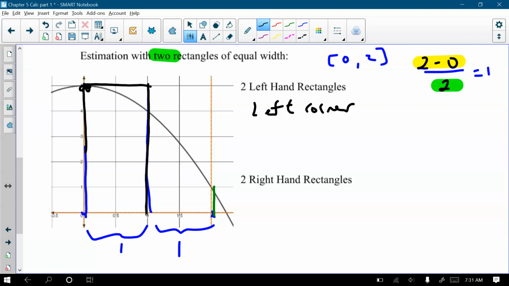The second rectangle is going to start right here, because the point always has to be on the curve. So draw that second one horizontally. Those are your two left-hand rectangles. And again, we classify left-hand rectangles by seeing that the left corner of the rectangle is on the function.